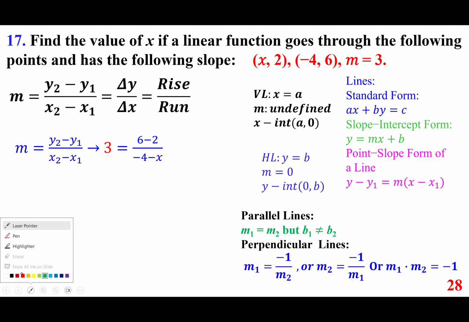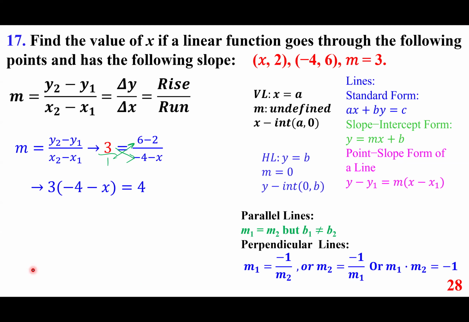We do the cross product. So 3 times this, 1 times this. Of course, 6 minus 2 is 4. And so we have negative 12, negative 3x.